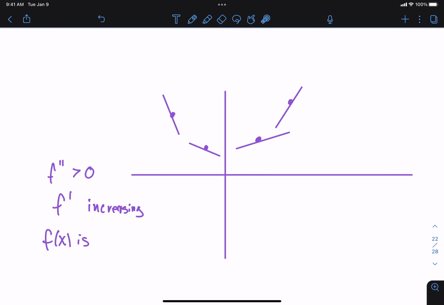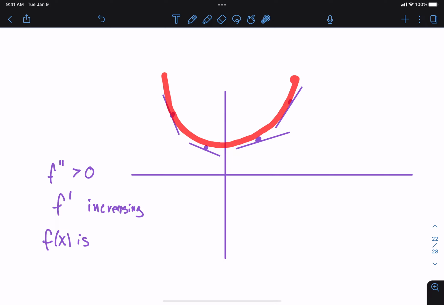What kind of picture do you think this is going to make when we connect the dots? What kind of graph is that in terms of concavity? Yeah, it's concave up, right?